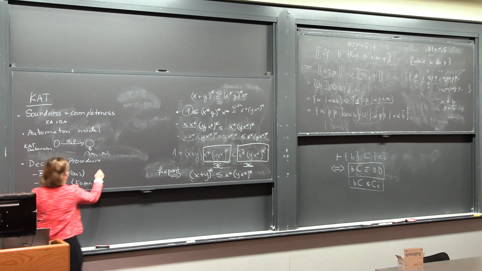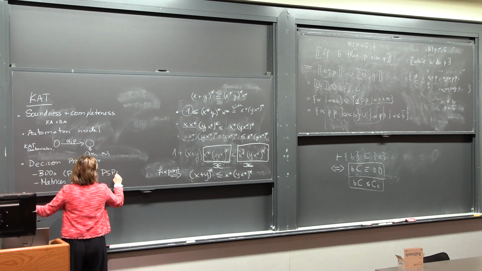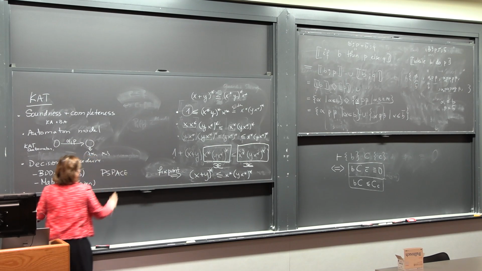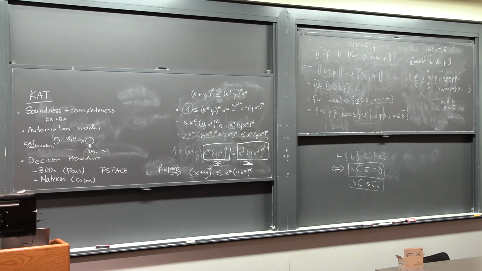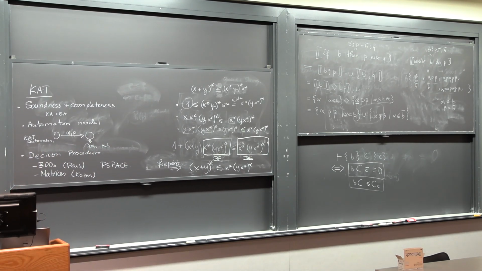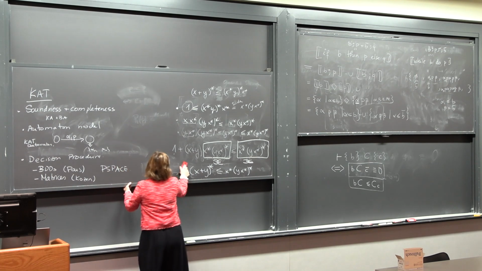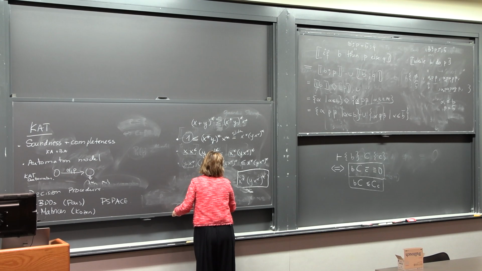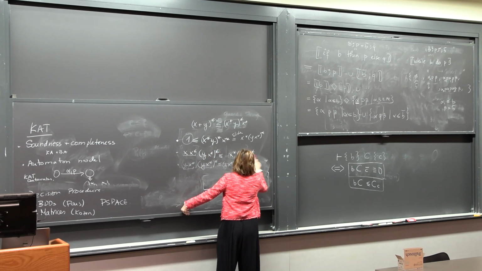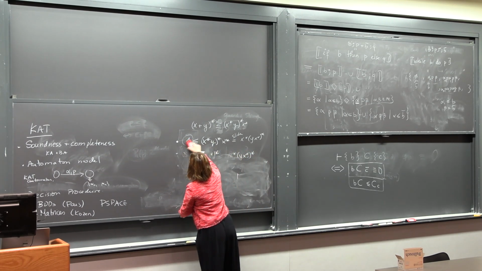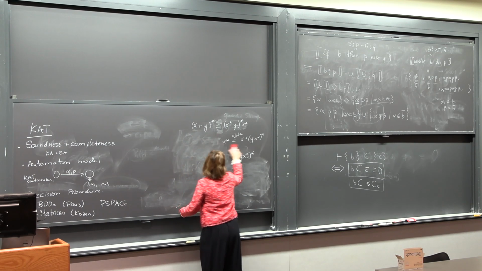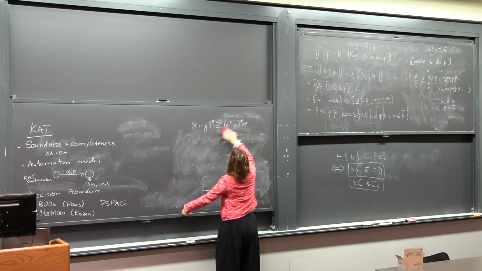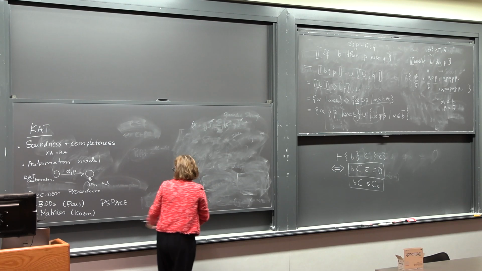And these procedures are in PSPACE, just like for deterministic automata. However, and I want to mention this work as well, even though this equivalence is in PSPACE, the way it actually works for a lot of programs is very efficient.